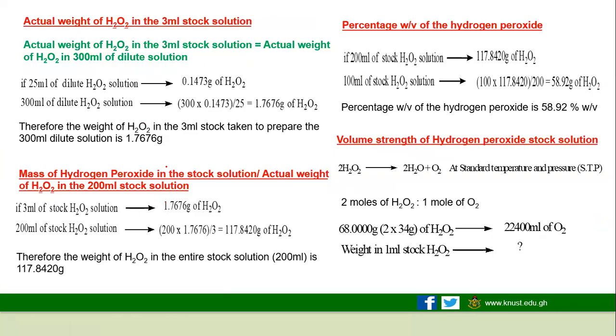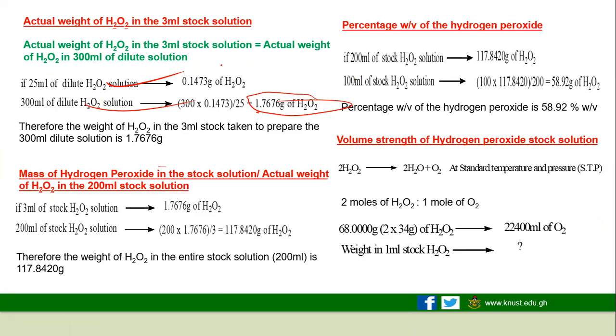Good. Now, after getting the peroxide in 25 mL, we can use that to find the peroxide in the 300 mL by proportion. We are getting 1.7676 grams of the peroxide, right? This is what we will have in the 300 mL. Now you realize that 300 mL was just the final product after diluting the 3 mL.